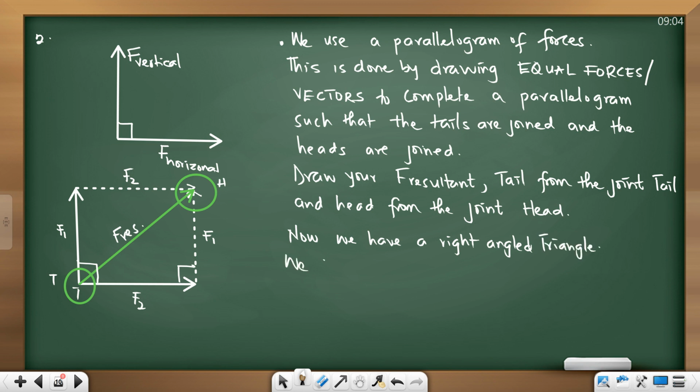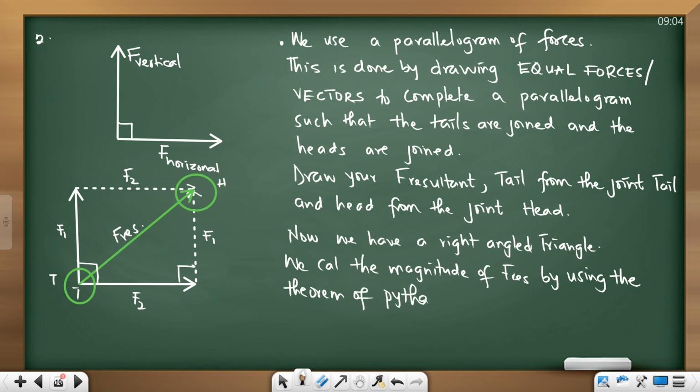We calculate the magnitude of F resultant by using the theorem of Pythagoras. F resultant squared equals F1 squared plus F2 squared. We all still remember. That's why I said, please bring in your maths.